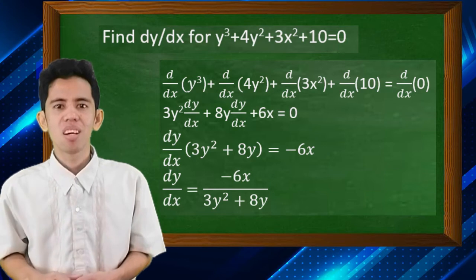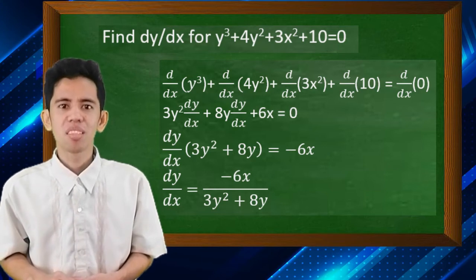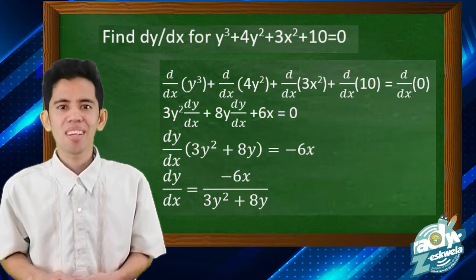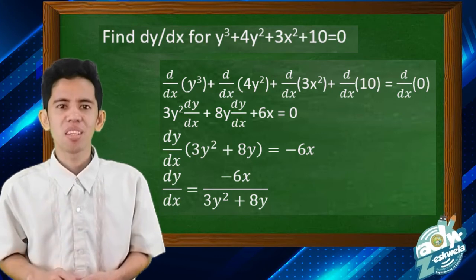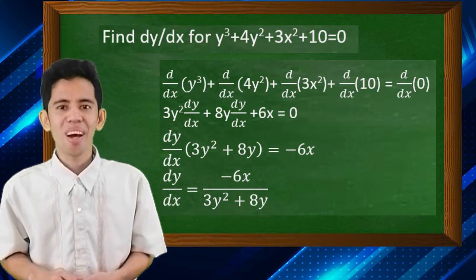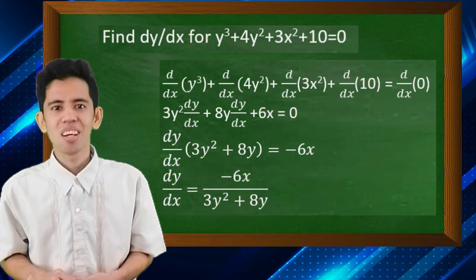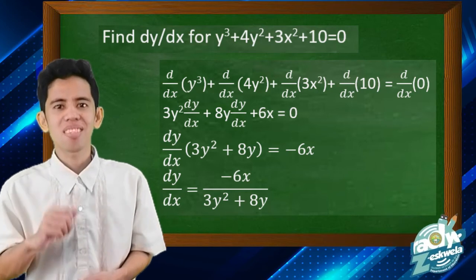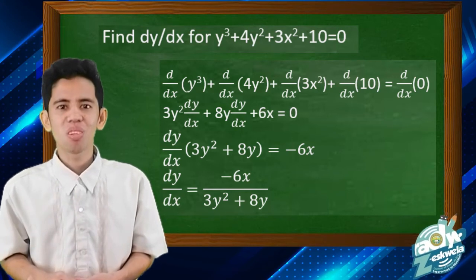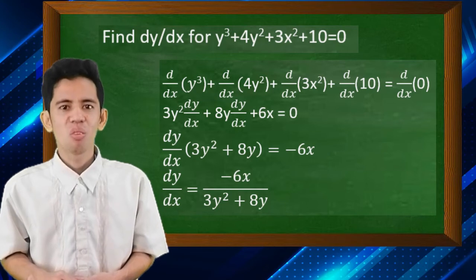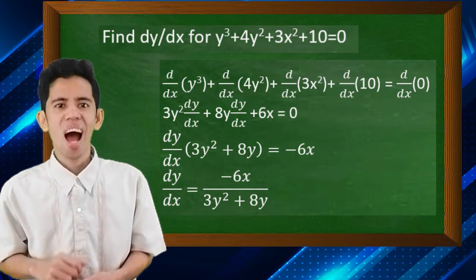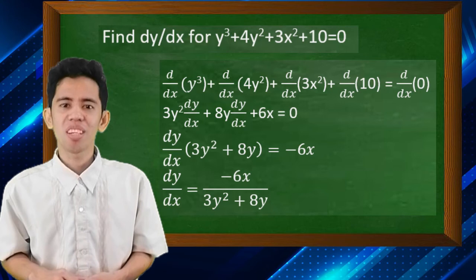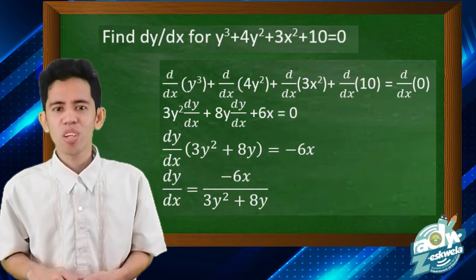We have 3y squared dy over dx plus 8y dy over dx plus 6x plus 0 is equal to 0. Find the terms having dy over dx and factor it out.